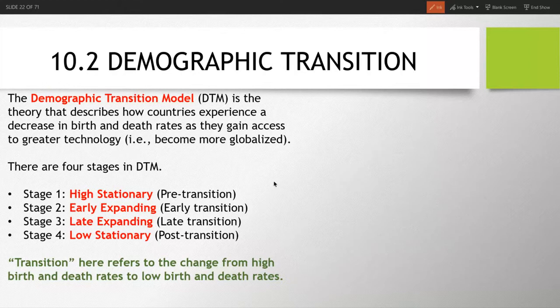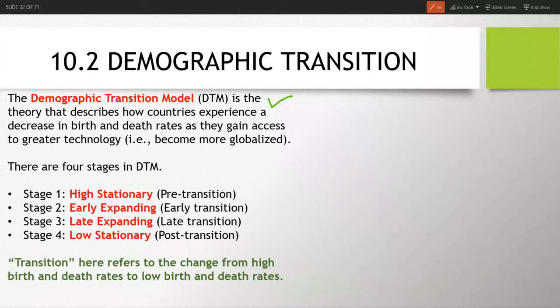So the model of population change that we will focus on here is called the demographic transition model. Demographic transition seeks to describe how countries experience change in birth rates and death rates over time. In particular, it describes a pattern that many countries go through as they become more globalized or more developed.